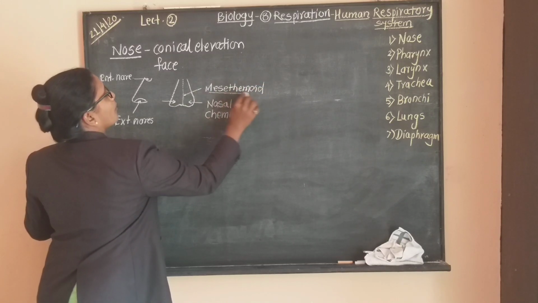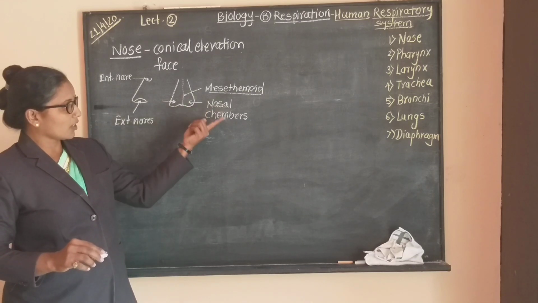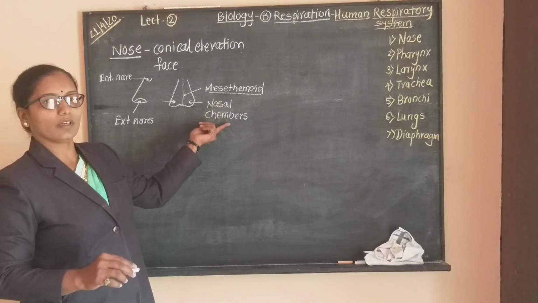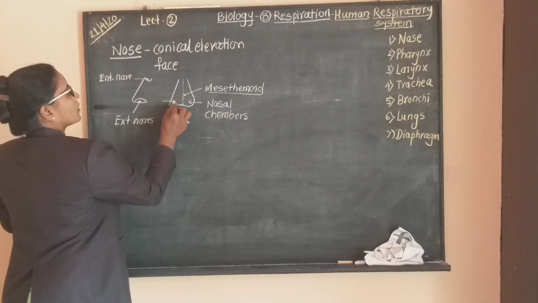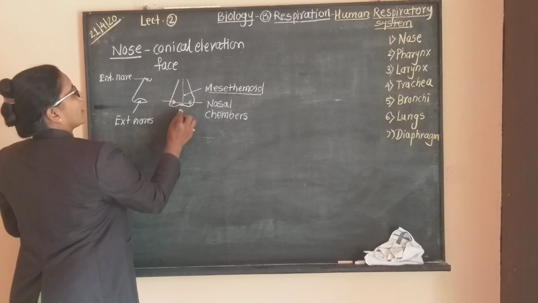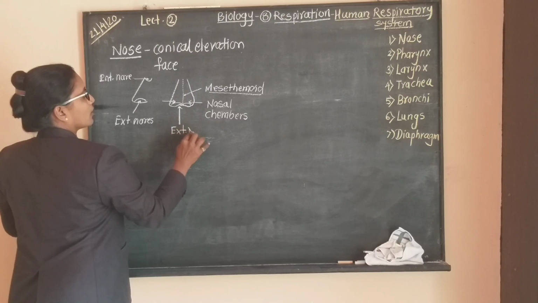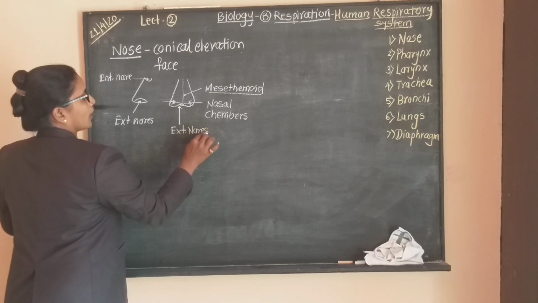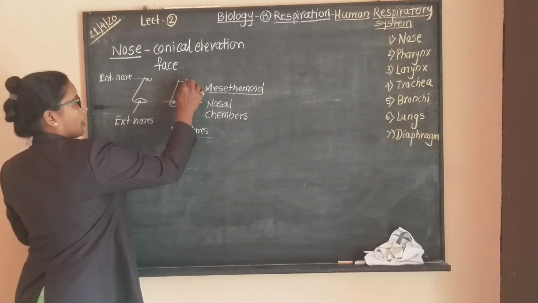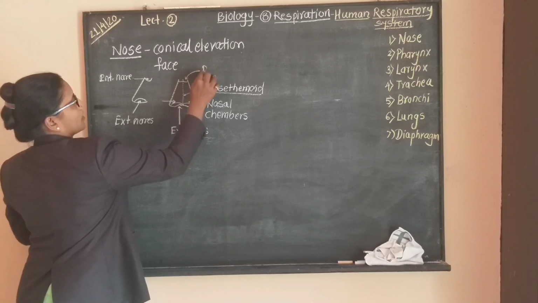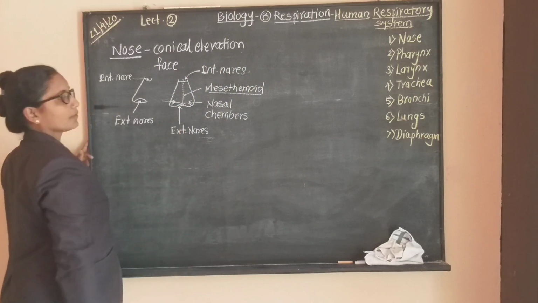Due to the presence of the mesethmoid, internally the nose is divided into right and left nasal chambers. There is a pair of slit-like openings through which air goes inside. These are called external nares, and here also a pair of internal openings are present. These are called internal nares.